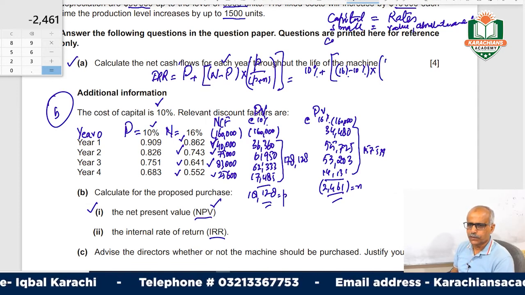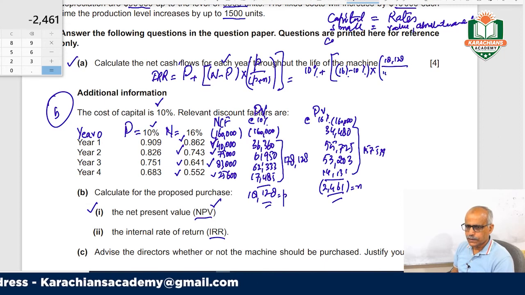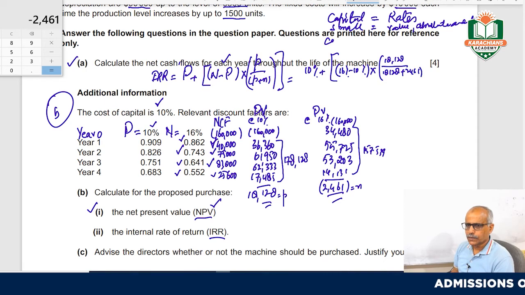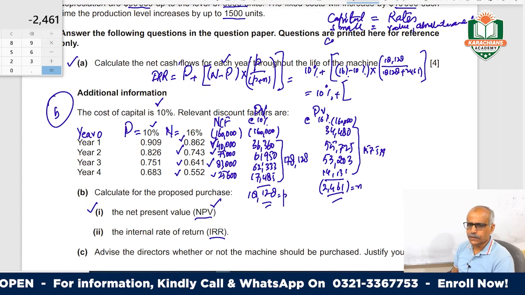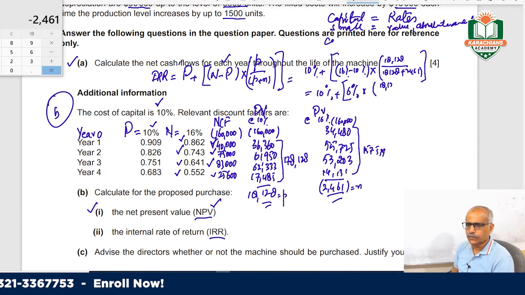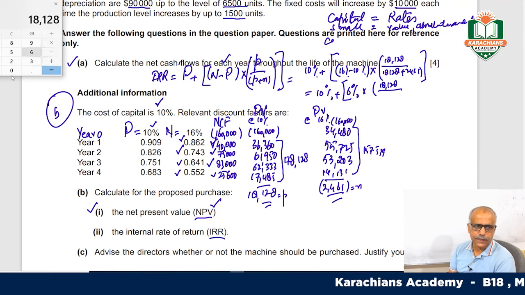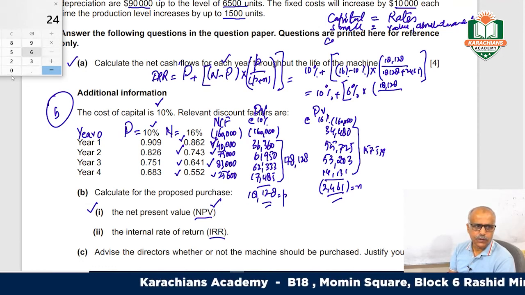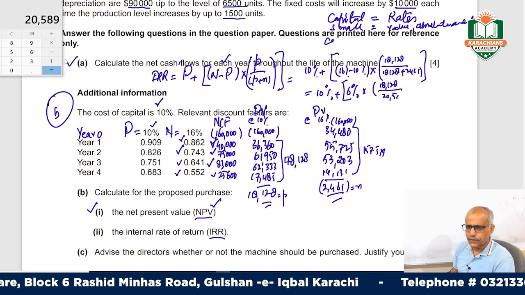P means the positive value, 18,128, divided by 18,128 plus 2,461. So it is 10% plus the difference of 16 and 10, 6%, multiplied by 18,128 divided by 18,128 plus 2,461, which is 20,589.